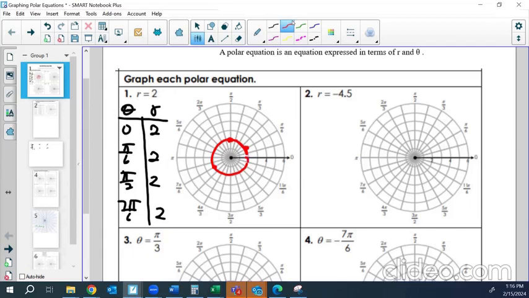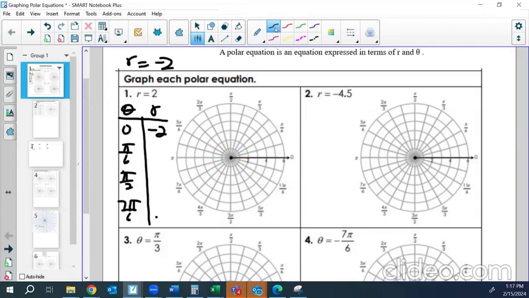Now, if you notice, when r equals 2, I started on the right side. What if r is negative? Let's make this r equals -2. Let's see what it looks like then. It doesn't matter what the angle is, my r is -2. The only difference is where I start.